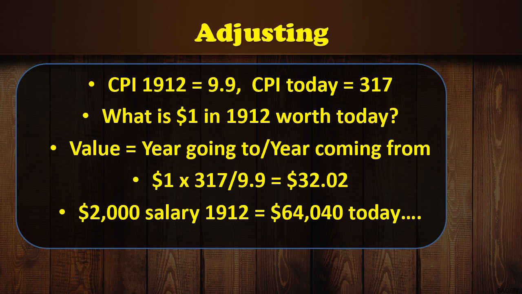So on average, according to the CPI, what costs $32 today would cost $1 in 1912. Okay, a $2,000 salary in 1912 buys about the same stuff that a $64,000 salary buys today. So if you were living in 1912, a really good middle-class salary would have been $2,000 a year.